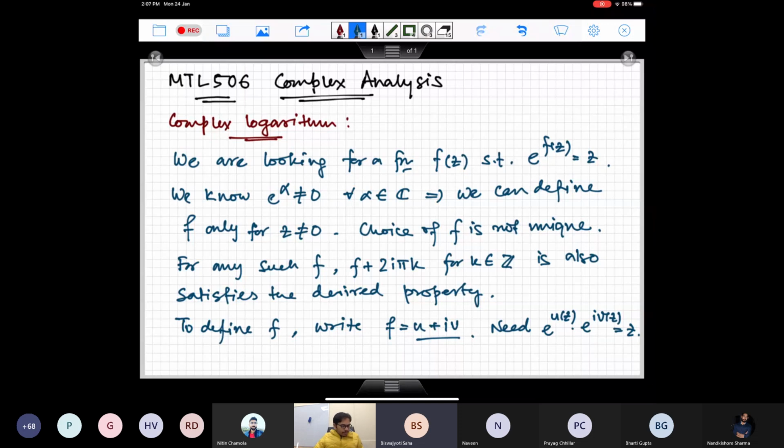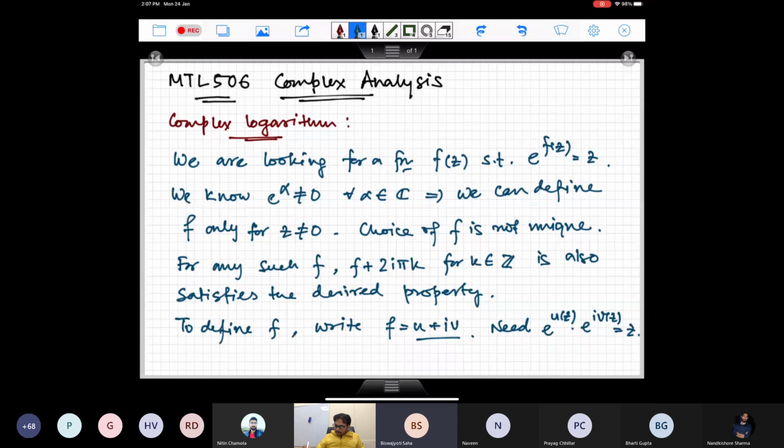Agreed? Here you should notice that u and v are real valued functions. So e power u(z) is purely a real number, and e power i v(z) is a complex number.